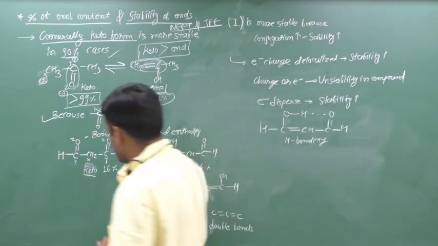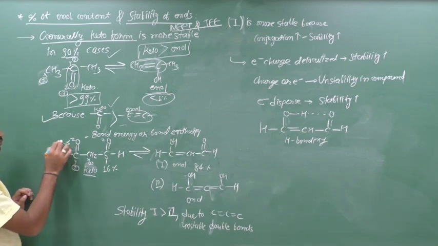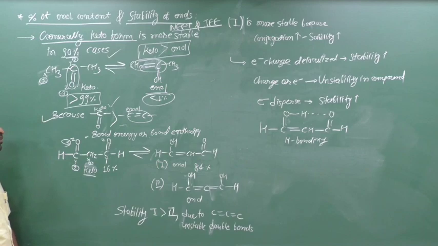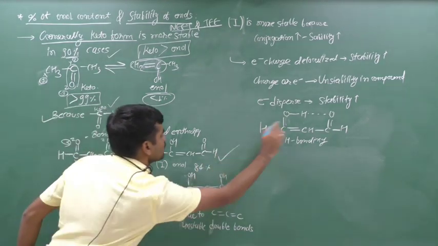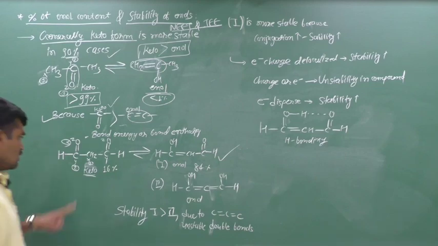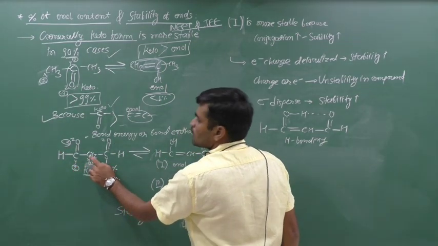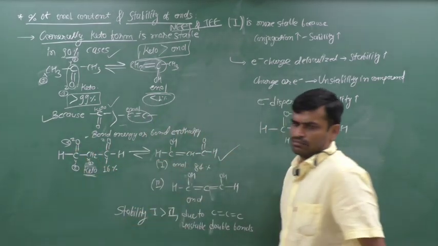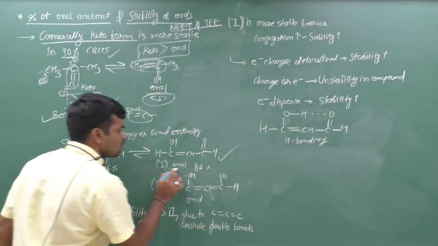The first possibility is that we transfer hydrogen from 1 to 3 and shift the double bond from 2,3 to 1,2, and the compound is like that. Here we see two hydrogens, and from these only one hydrogen is shifted to the Z atom. Then we get the enol form like that.